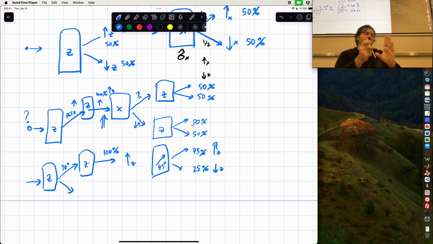Okay? So when it's perfectly aligned, 100%, and if you send up spin, it comes out as up spin. As you move it towards 90 degrees, it will be 50-50. But if you go close, like 45 degrees, I think it will be 75-25. And only in the z axis.